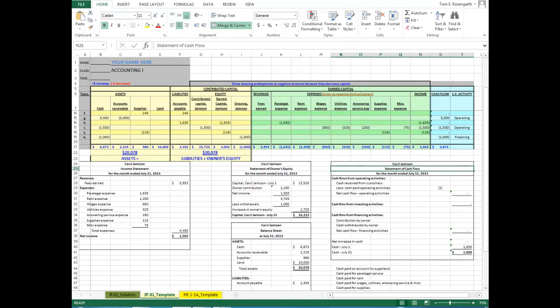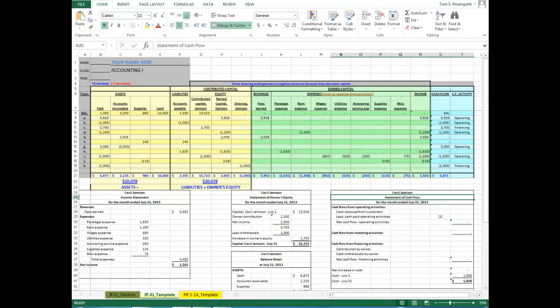Now, that net income will be transferred to the statement of owner's equity, $1,503. The beginning balance in owner's equity, as you see, is $1,350. The owner contribution to his business would be $3,700. So $3,700 is the contribution.